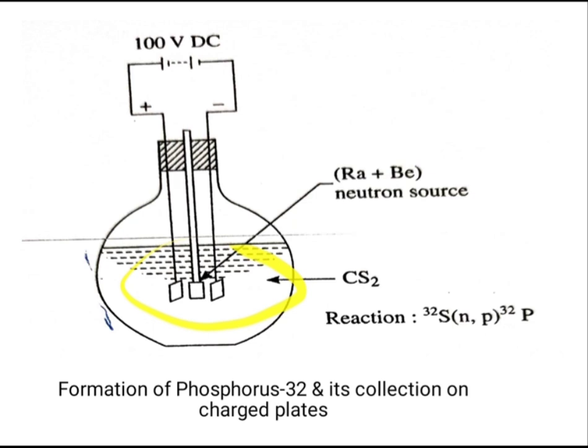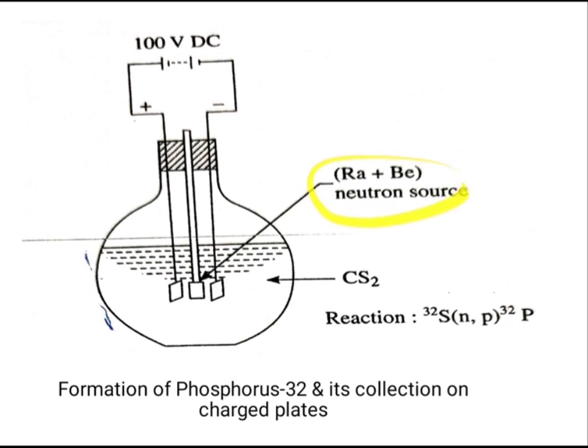Here is the CS2 solution, here are the charge plates immersed in it, and here is continuous neutron bombardment. Here is the neutron source, Ra plus Be.